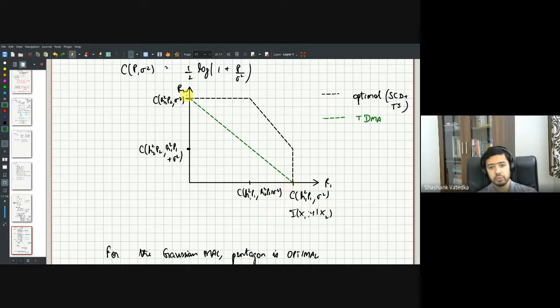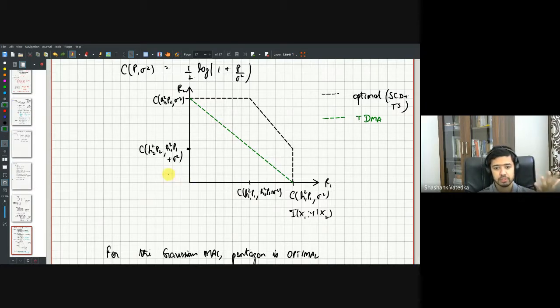Right. So this point is achievable when user 2 is active all the time. This point is achievable when user 1 is active all the time, but user 2 is always silent. And any point on the line joining these two is achievable when user 1 is active for some fraction of the time, and the remaining fraction of the time user 2 is active.